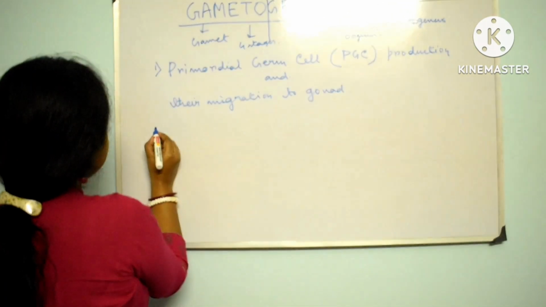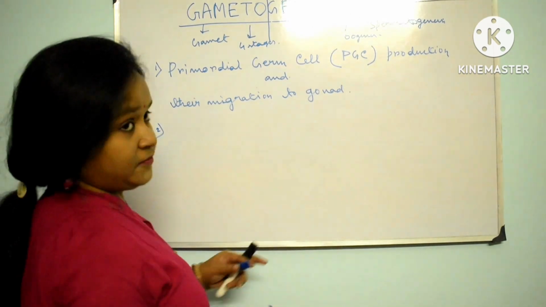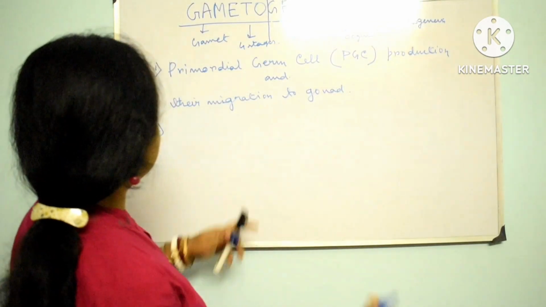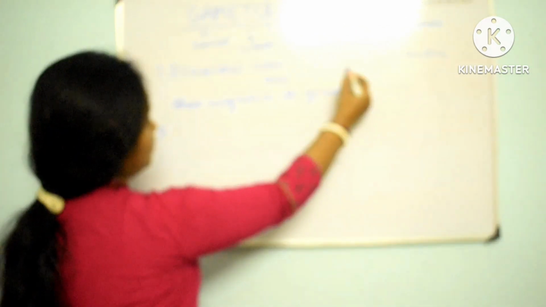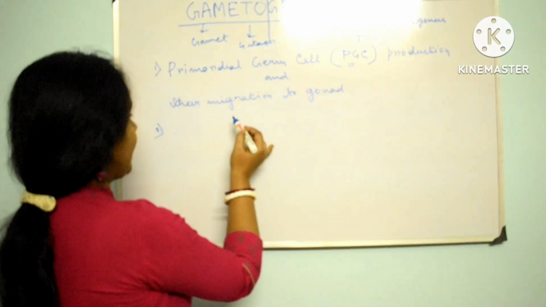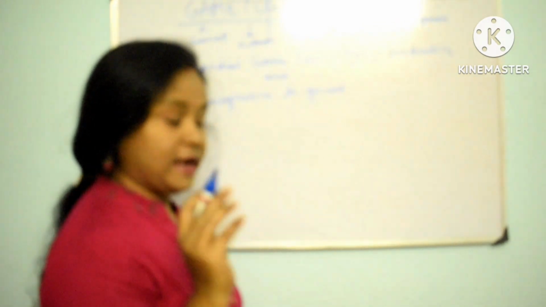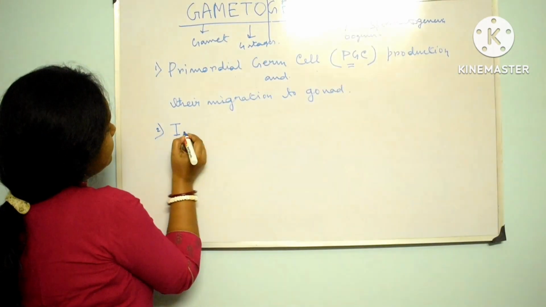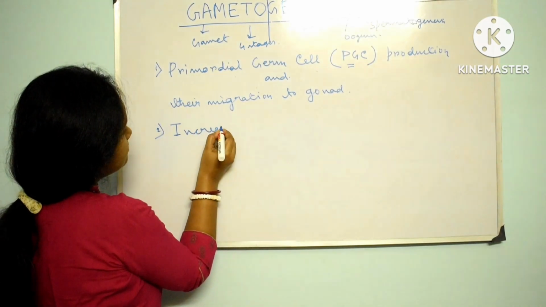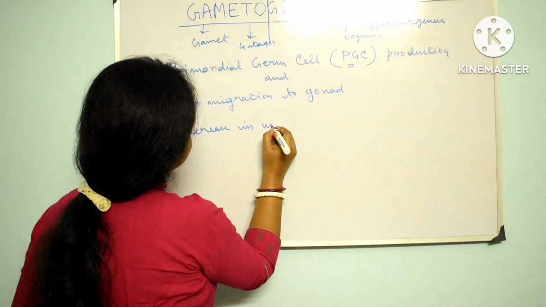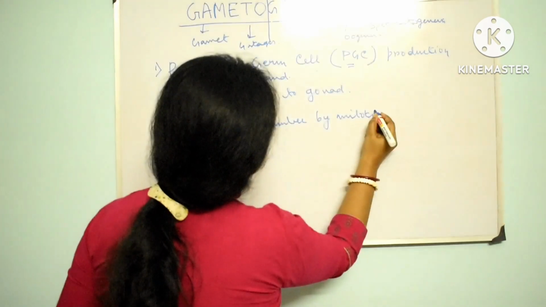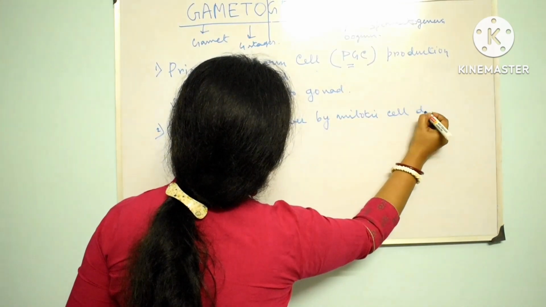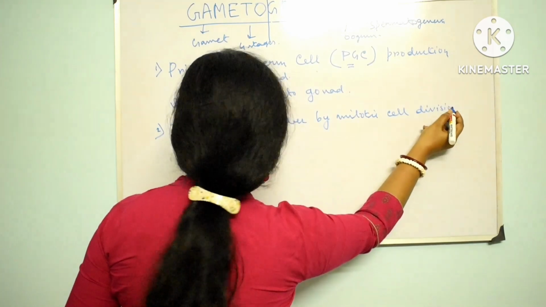the gonad. So the first step of gametogenesis is primordial germ cell production, which is called PGC, and their migration to the gonad. The next step, increase in number by mitotic cell division.